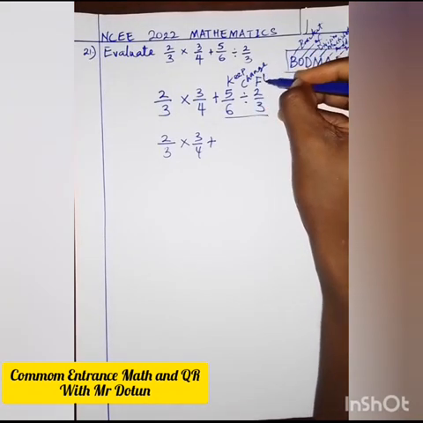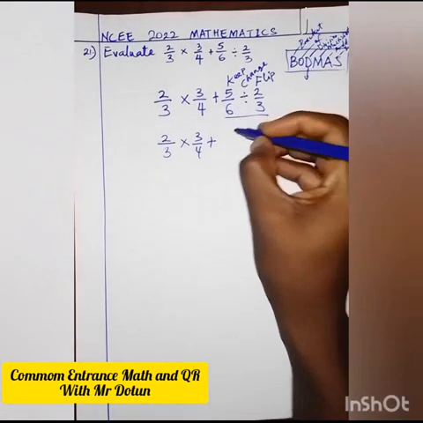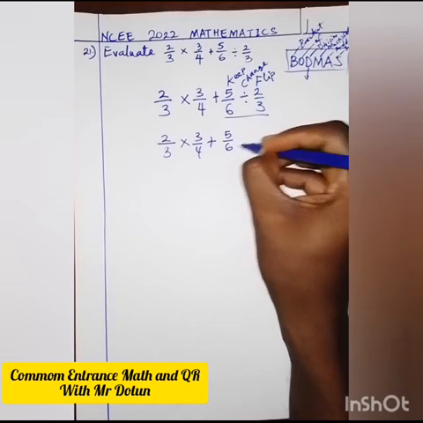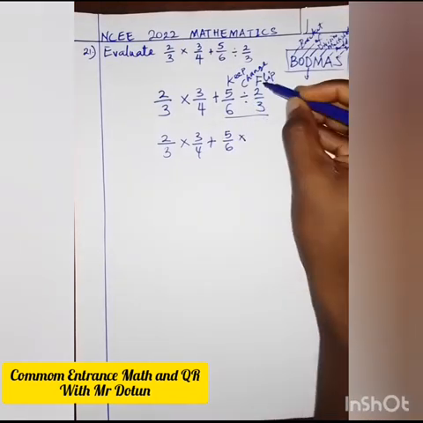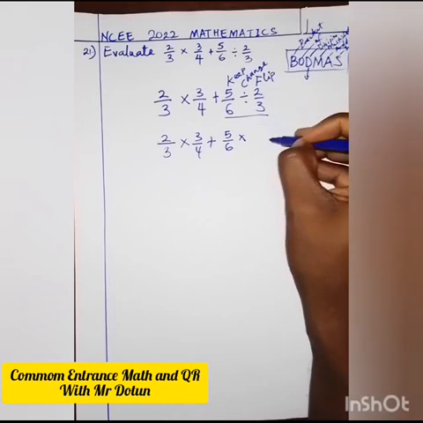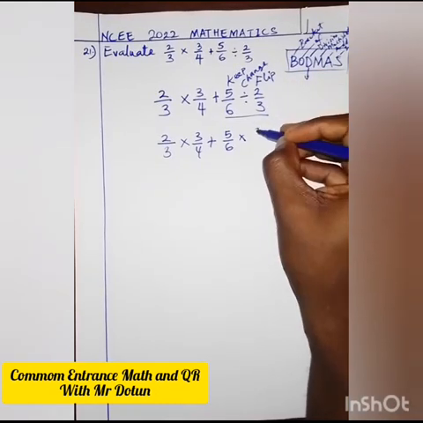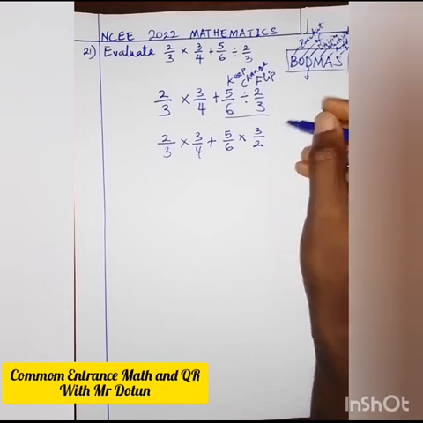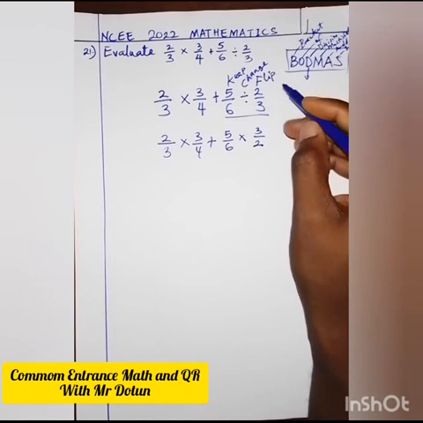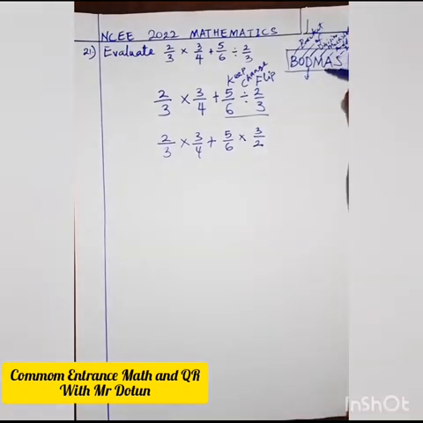You keep the first fraction as it is, you change the sign, then you flip the fraction after the sign. So instead of 2 over 3, we turn it upside down, you have 3 over 2. So in this case we no longer have the division, now we have multiplication.